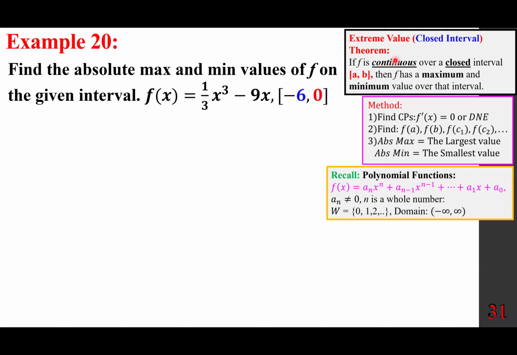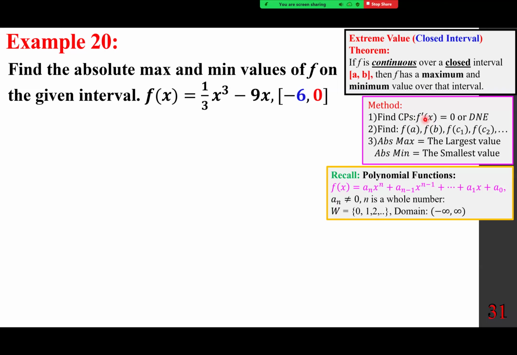If this is continuous from negative to positive infinity, it must be continuous in the interval that is given from -6 to 0. Continuity can include the endpoints. Differentiability can't.